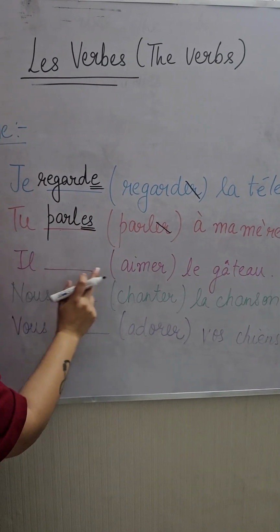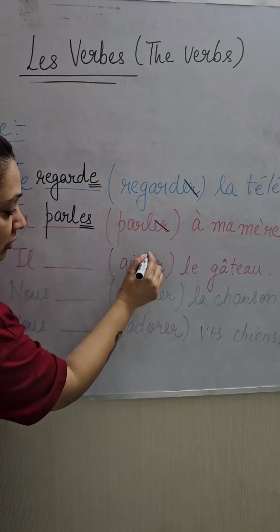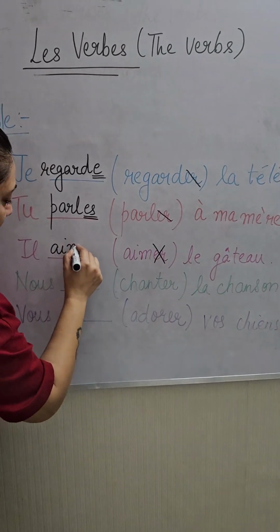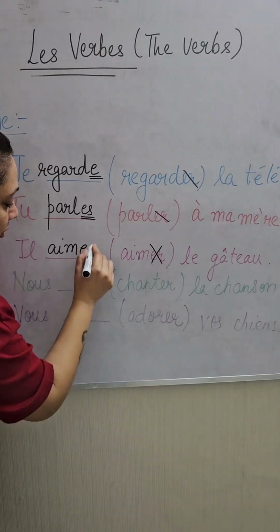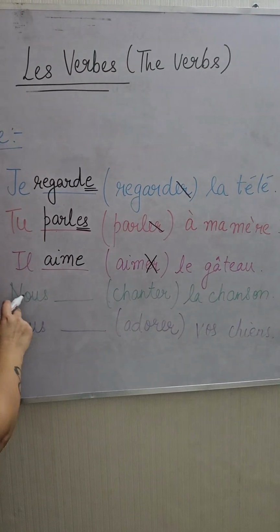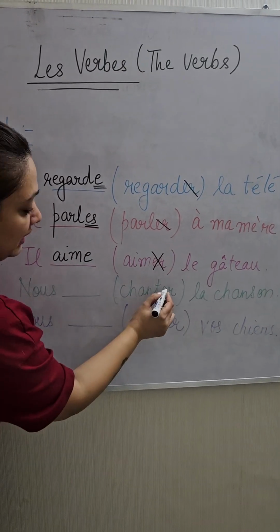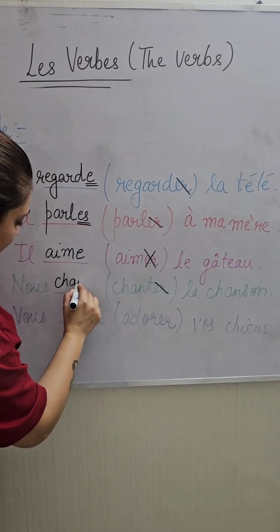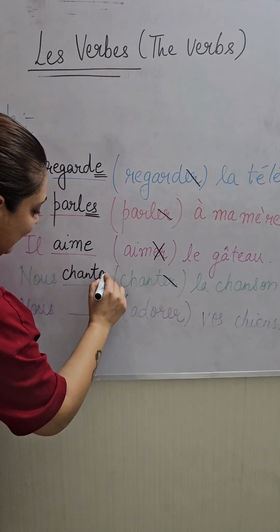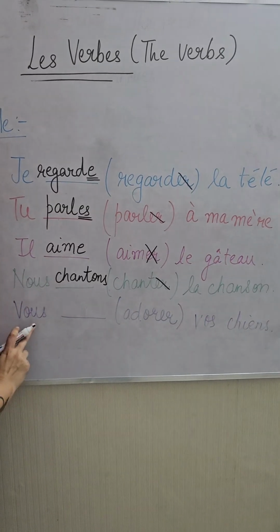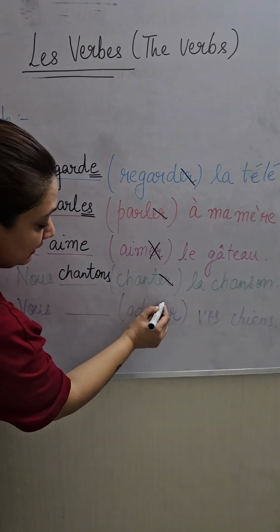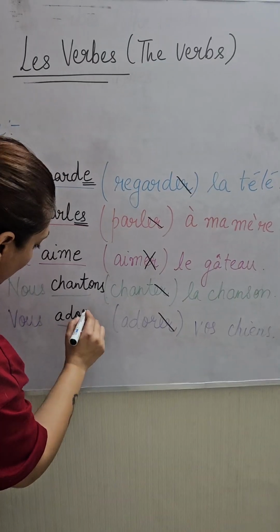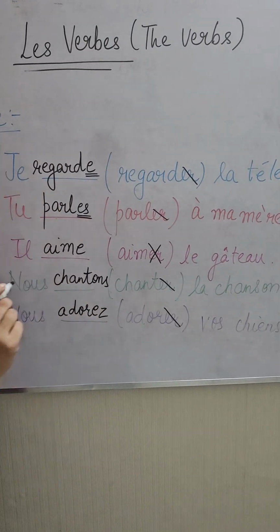With il, we have aimer. So what I'll do is I'll remove this ER and put AIM, and with il we put E. Now with nous we have chanter. I have removed this ER. I'll pick up the prefix chant and I'll add ONS. Then we have vous. I'll cut this ER. I'll write ADOR, with vous we write EZ.